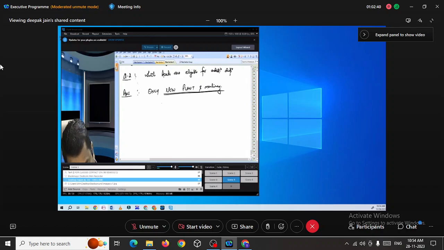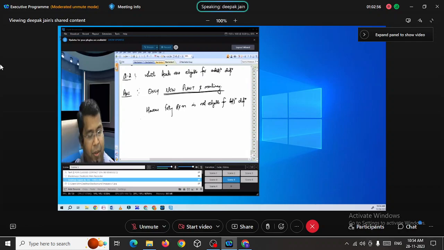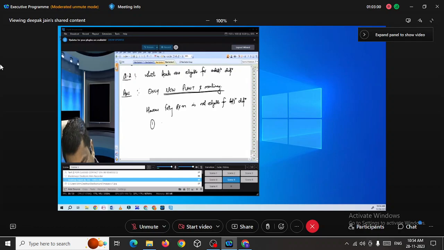However, following plant and machinery is not eligible for additional depreciation. Number 1, plant and machinery used in office.